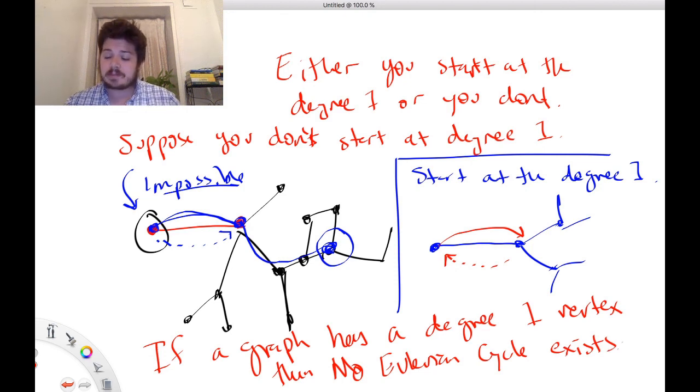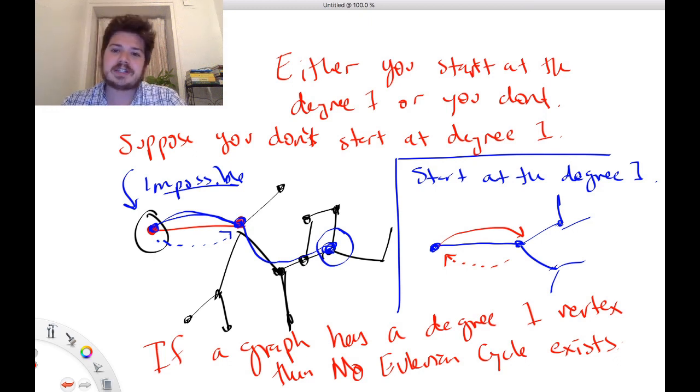So we'll stop there for now. I think it's a very clear, intuitive way to see why it doesn't exist. If you have a degree 1 vertex, you can't come back to where you started from, because once you have a degree 1, you really stop there. The Eulerian path argument is kind of similar.